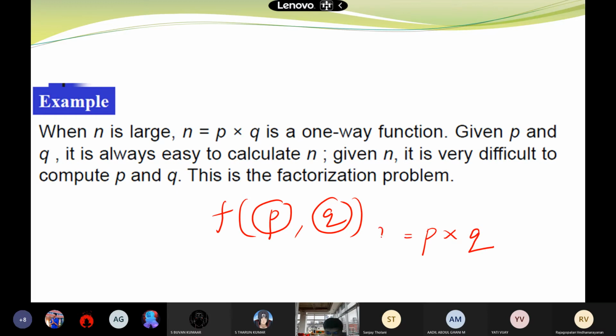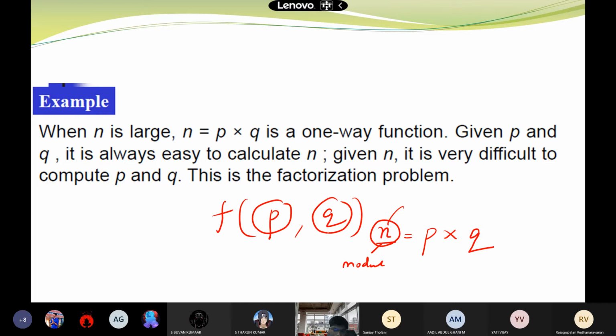And he will get a value n. That value n is the modulus. So now he gets a very large value of n, but since he knows the prime numbers and has multiplied them, he is able to get the value of n.